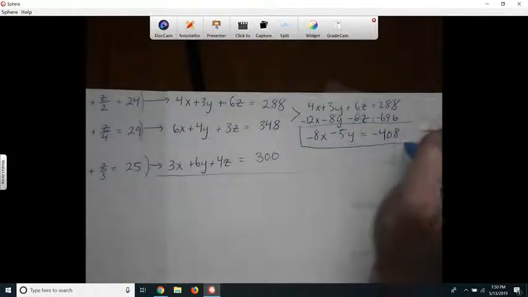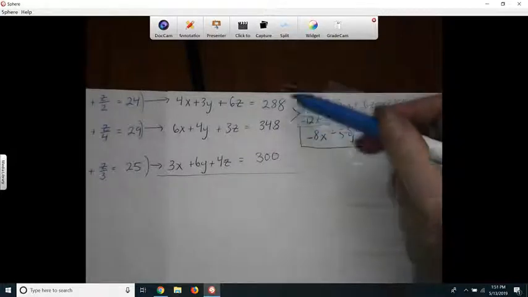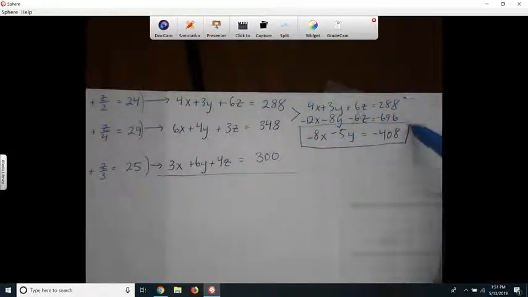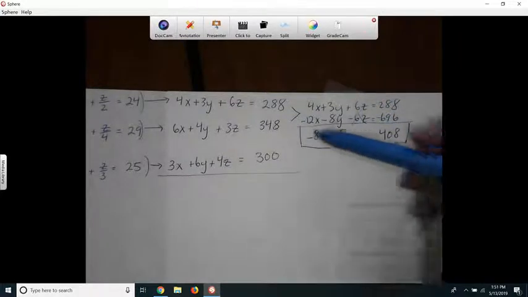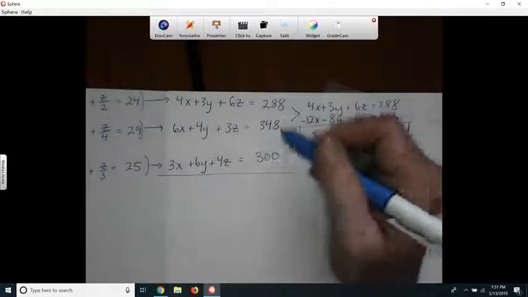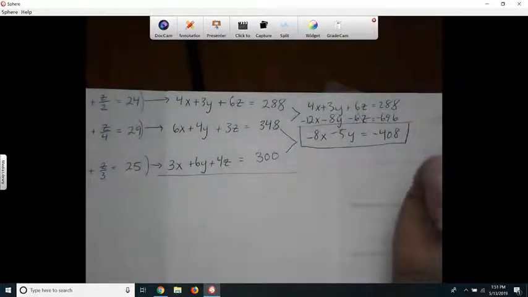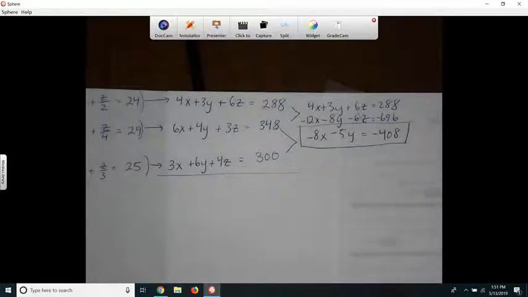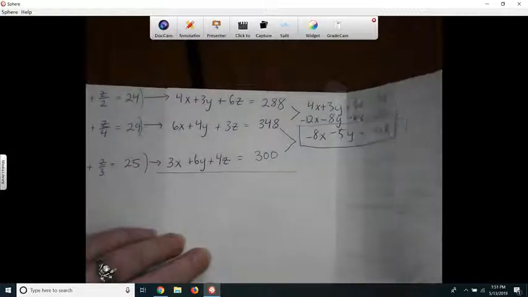So I took the top 2 equations, eliminated the z's, and I have an equation in x and y. Now I'm going to take these 2 equations and do the same kind of thing, but I'll have to write them somewhere else because I made a mess on my paper.